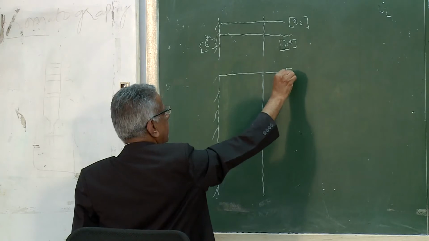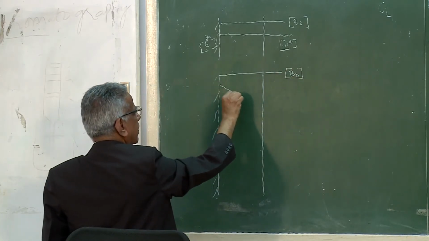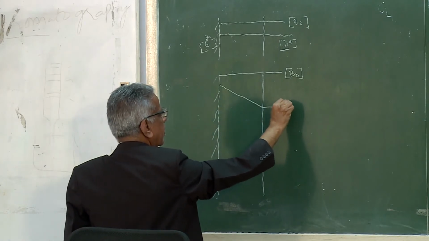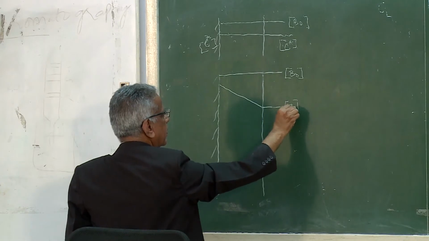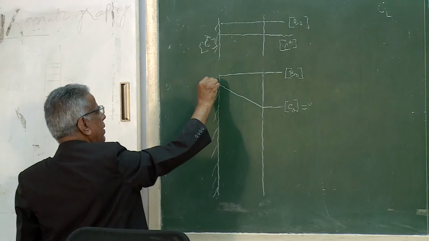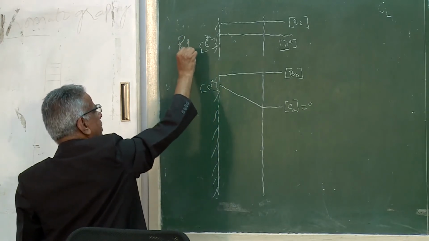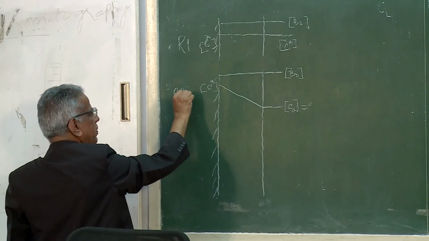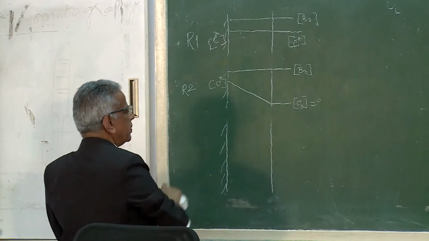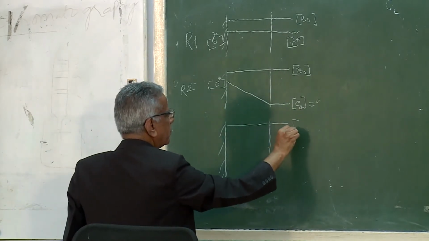B naught. C naught is equal to 0, where this is C star. This is R1, regime 1, this is regime 2. B naught.